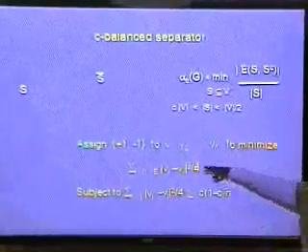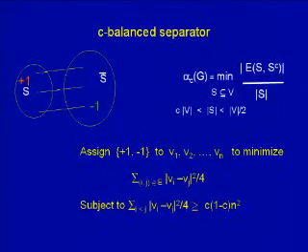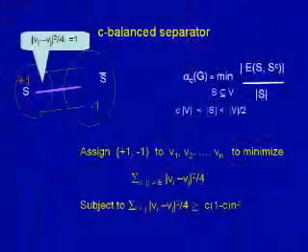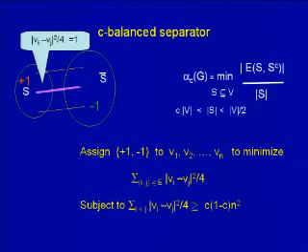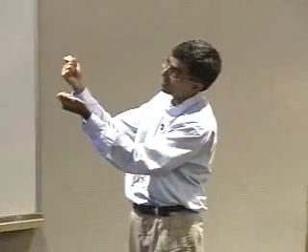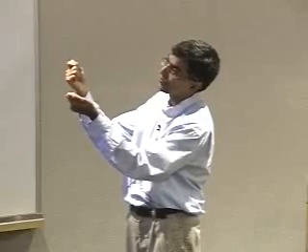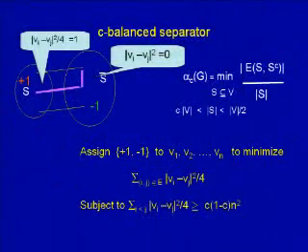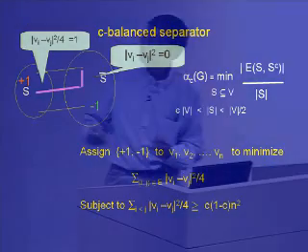And I claim that you're trying to minimize this objective function subject to this constraint. And that's just because that's a cut, +1 and -1. And notice that for every pair ij, where i and j are on opposite sides of the cut, (vi minus vj) squared over 4 is 1. And if they're on the same side of the cut, (vi minus vj) squared is 0.